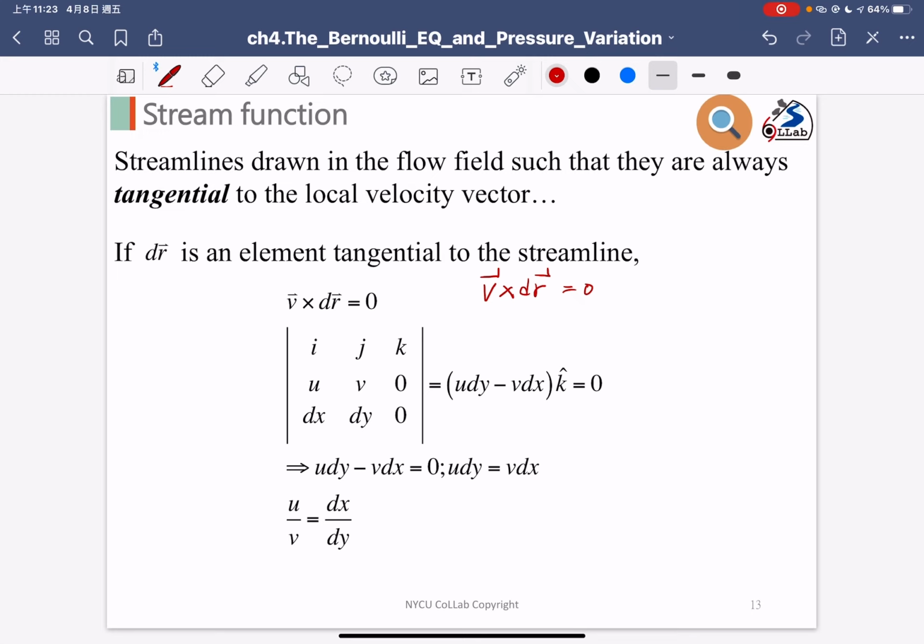So if we do the cross product, it will equal 0. So I just compute the cross product here.